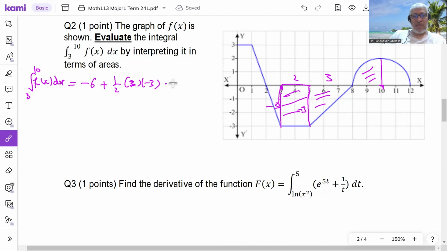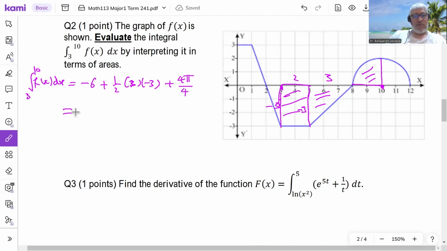The area of the circle is pi r squared, and this is positive because it's above the x-axis. Pi r squared. What is r? The radius is the distance from the center to the circumference or the outer curve. So it's 2. So 2 squared is 4. So 4 pi, this is the area of the circle. I need a quarter, so I'll divide by 4.